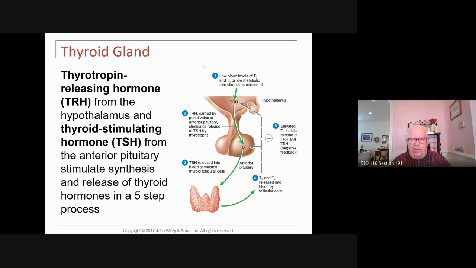Thyroid stimulating hormone stimulates the thyroid gland to produce and release T3 and T4. And it's all negative feedback. If you don't have enough thyroid hormone circulating in your blood, the pituitary produces TSH to make the thyroid produce more T3 and T4. Very important to understand.